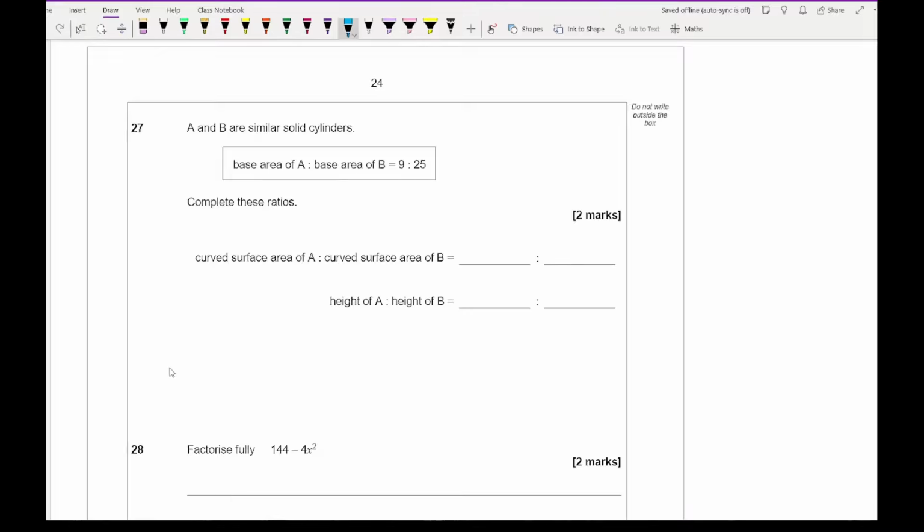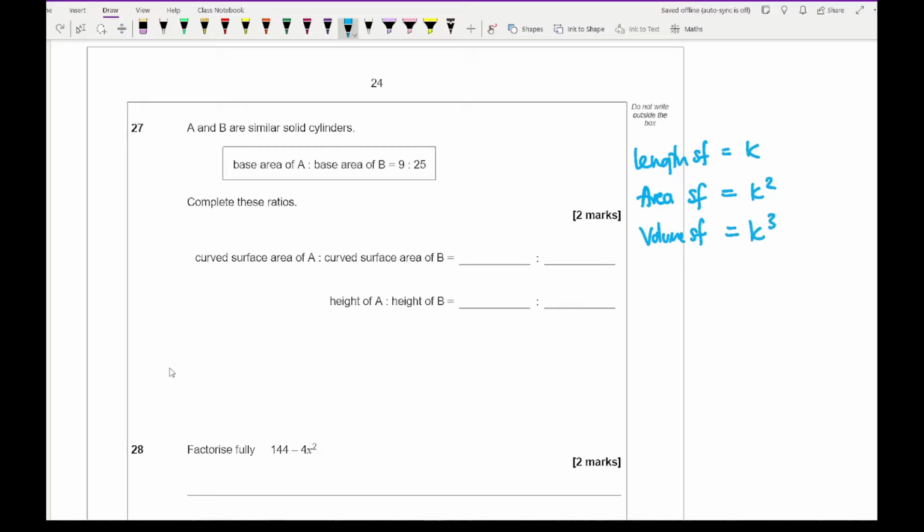Now in terms of scale factors, we have an area scale factor, a volume scale factor, and a length scale factor. If our length scale factor is k, then the area scale factor is going to be k squared, and the volume scale factor is going to be k cubed.